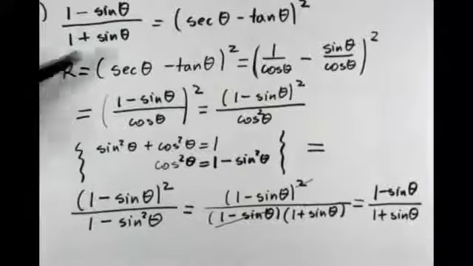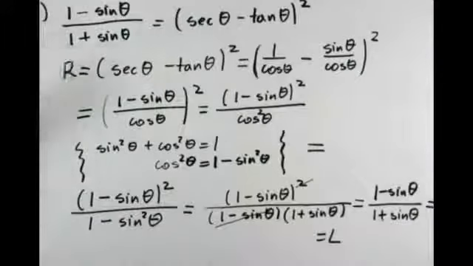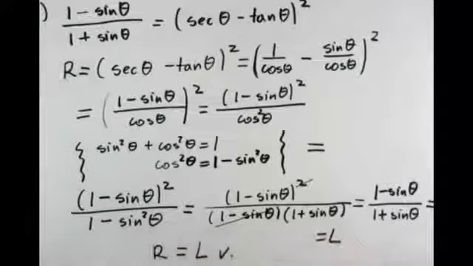And that's exactly what's on my left side. So this is equal to my left side. I started with the right side and I ended up with the left side. That means I proved the identity.